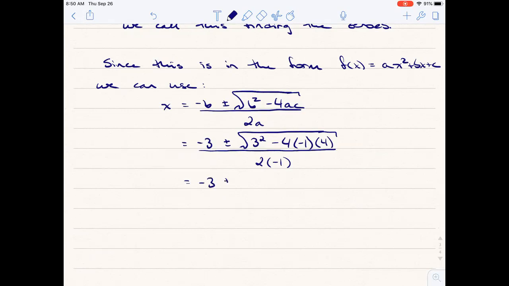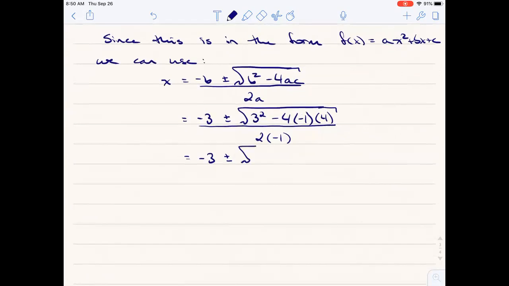So we've got -3 plus minus the square root of 9 minus 4 times -1, so that's going to be plus, right? 4 times 1 times 4 is 16 over -2. Okay.